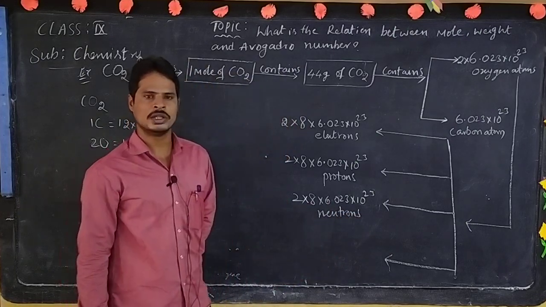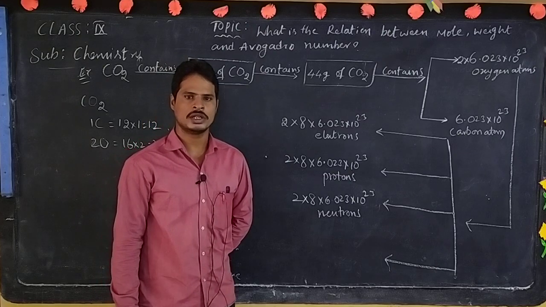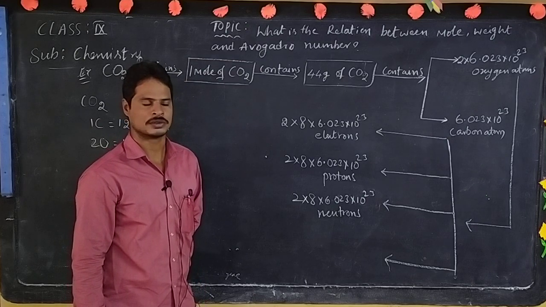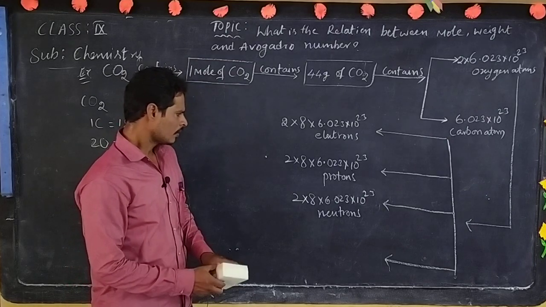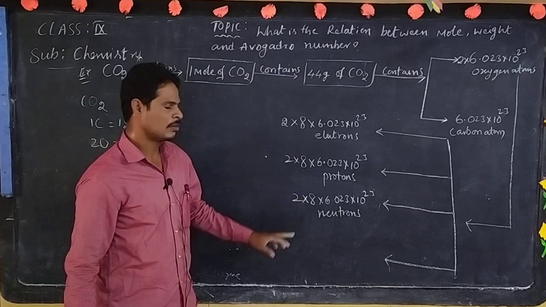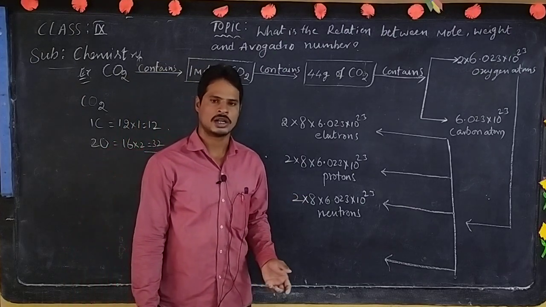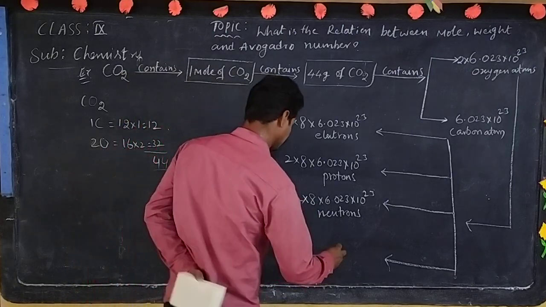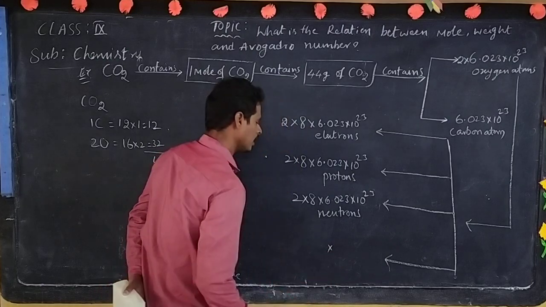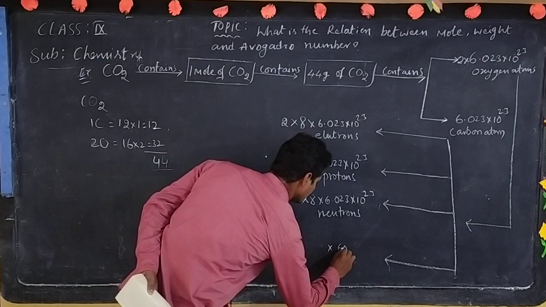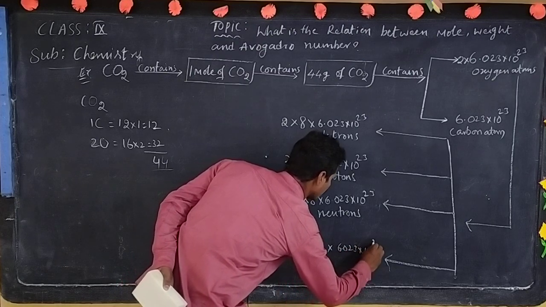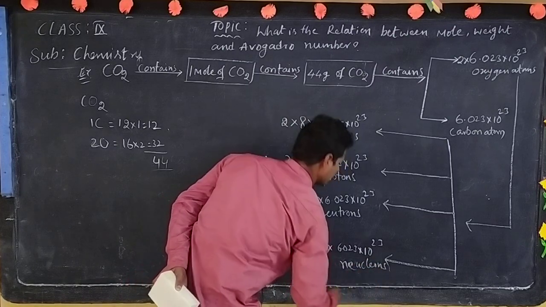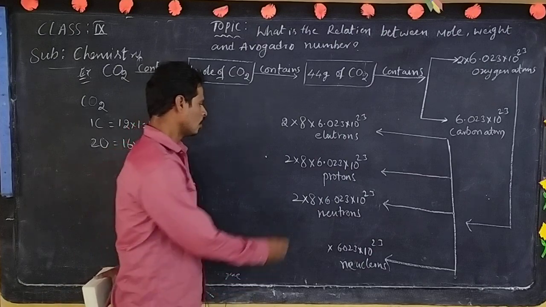Next, nucleons. What is the meaning of nucleons? The number of protons and neutrons is called nucleons. Now check it. 1 nucleon contains 6.023 into 10 to the power 23 nucleons. Here there are 2 oxygens.